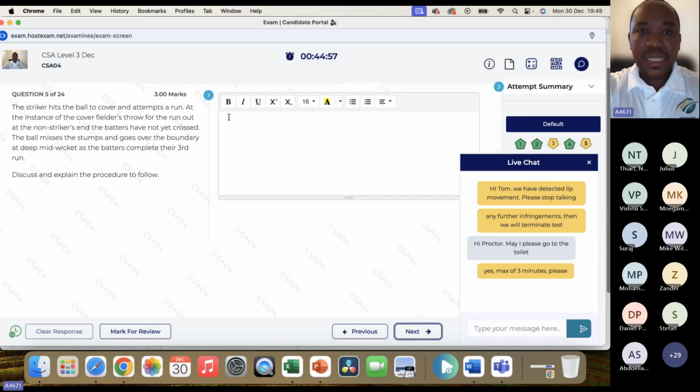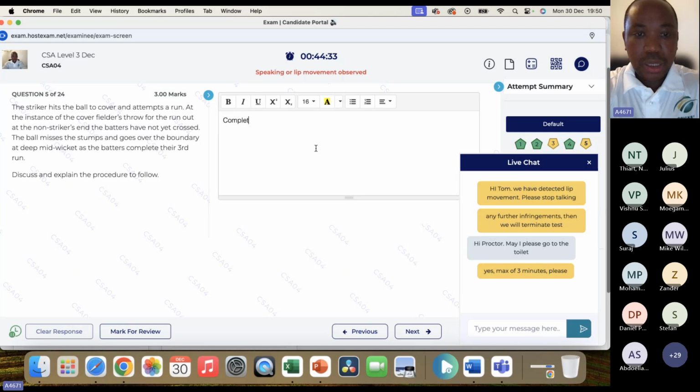Cricket South Africa has forced us to invest in a secure proctored exam solution. This is it. The user interface, as you can see, is very easy to use.